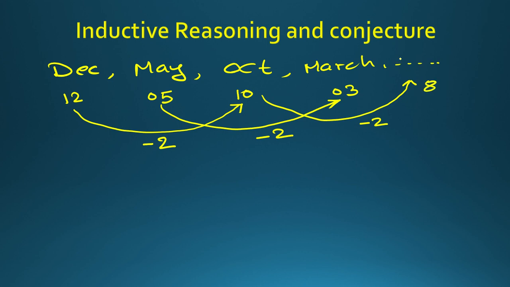And what is the 8th month? August. Yes. If we talk about the next month, it will continue with March. From March we subtract 2, so it will be 1, meaning January. Like this you can find the pattern and then get the answer.